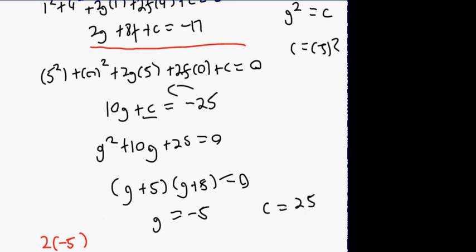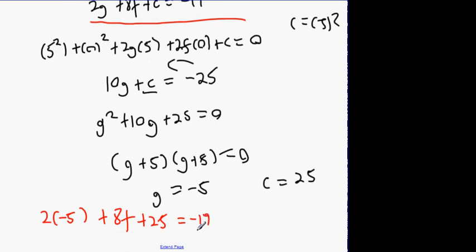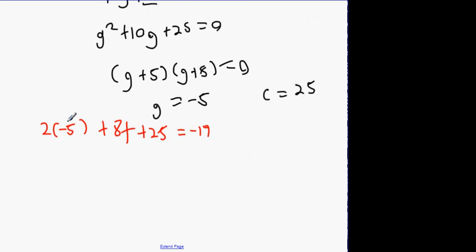Now what we have next is 2 times minus 5, 8f, which we don't know. We know that c is 25, and we know that all of this equals minus 17. So that's minus 10, and minus 10 plus 25 is plus 15.